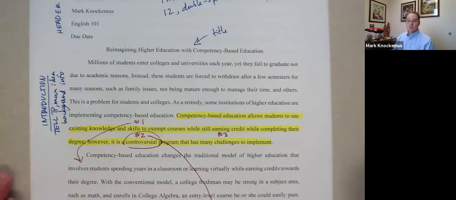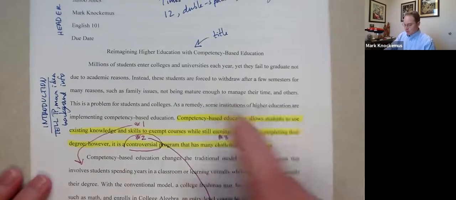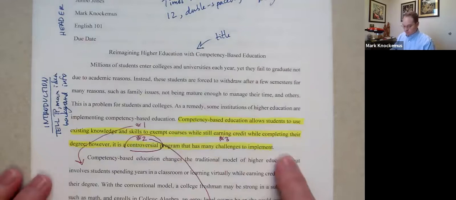Competency-based education allows students to use existing knowledge and skills to exempt courses while still earning credit while completing their degree. However, it is a controversial program that has many challenges to implement. So there we go. Off to a good start.